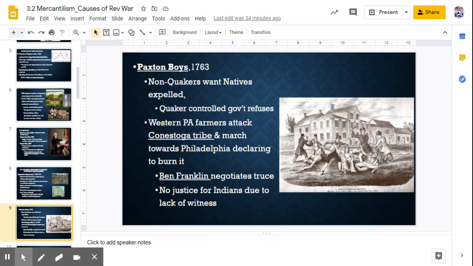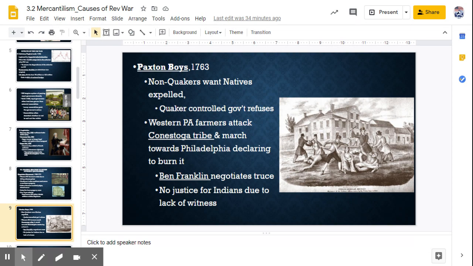But it really was the last time that you had Quaker control of the government in Pennsylvania. Very rapidly, you saw that when they had elections, non-Quakers were being elected, and certainly the policies towards Native people radically changed due to that.